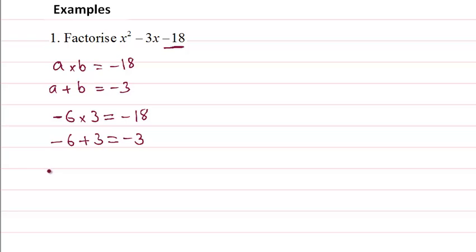So therefore x squared minus 3x minus 18 is equal to, doesn't matter which order we write them, x minus 6 times x plus 3. You can always check by expanding the brackets. So you should get this answer.